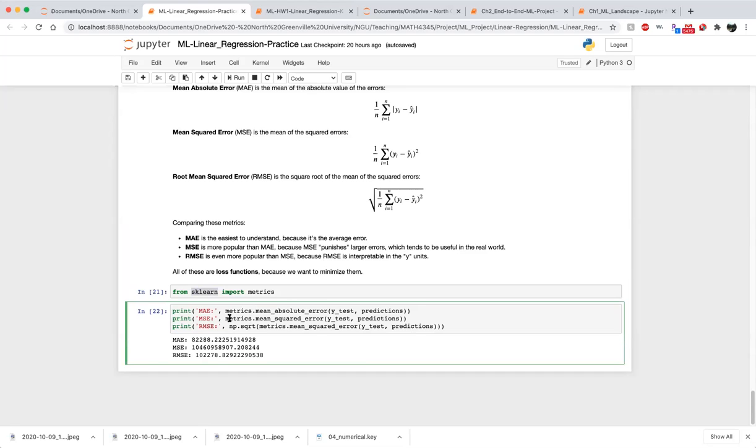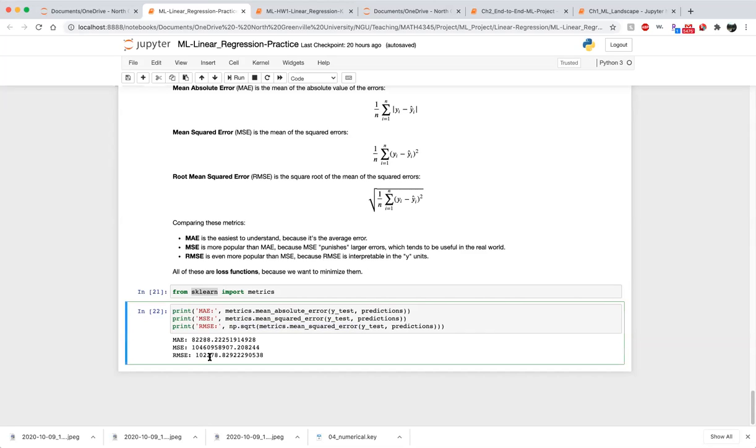You see the metrics mean square error command. And look at this, RMSE is the square root of MSE, right? So we use np dot sqrt, which is the command in NumPy, and then metrics dot mean squared error will return the MSE, right? So np dot sqrt of metrics dot mean squared error will return the square root of the MSE.